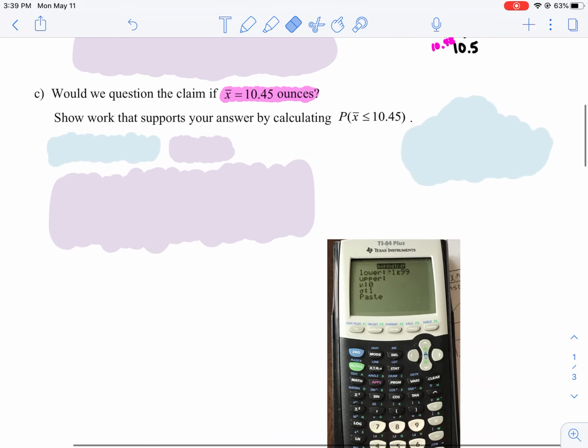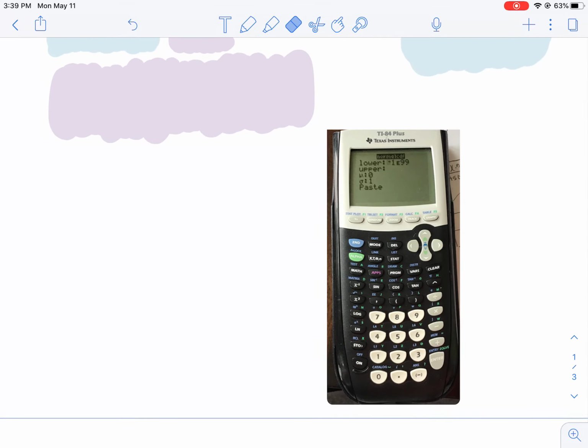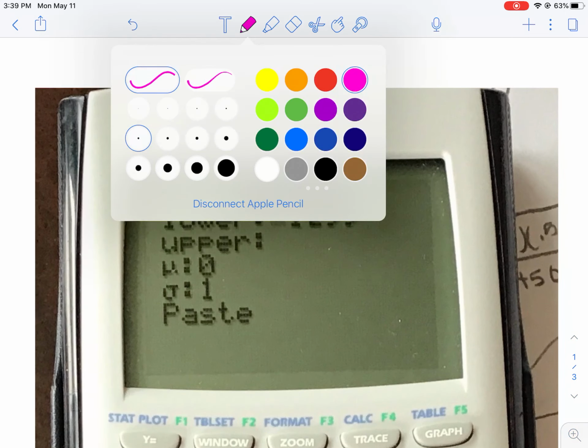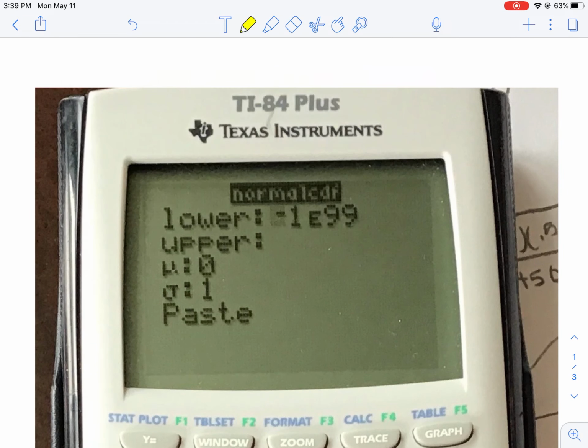Okay, so using your calculator, I have my calculator example down here. It's a less than or equal to example, so our lower bound is either negative infinity, -1 times 10 to the 99th power, or you could just type a really low number in, -1 with lots of zeros.